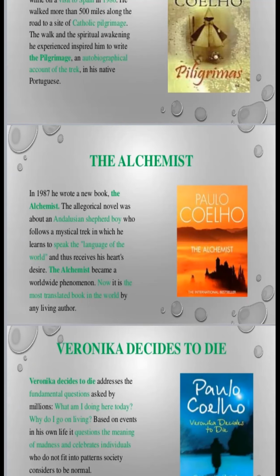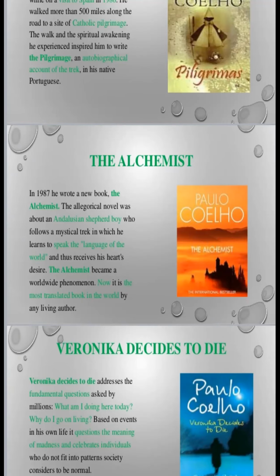This book follows a young Andalusian shepherd on his journey to the pyramids of Egypt, after having a recurring dream of finding a treasure. So that is what is found in Alchemist.